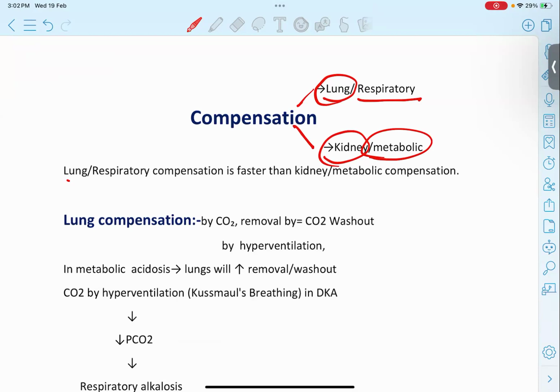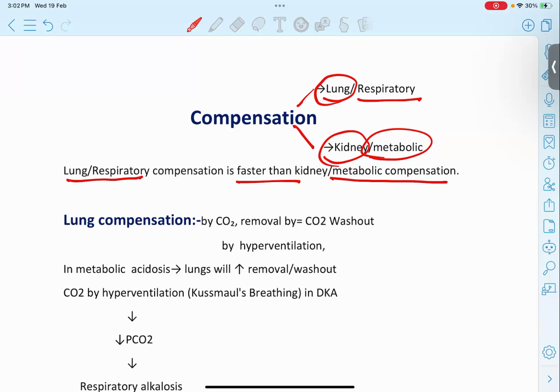Lung or respiratory compensation is faster than the kidney or metabolic compensation, because suppose someone is having metabolic acidosis, the lung can function very fast. How does the lung take part in acidosis or alkalosis? By either retaining carbon dioxide or washing out carbon dioxide. So the lung can work very fast.